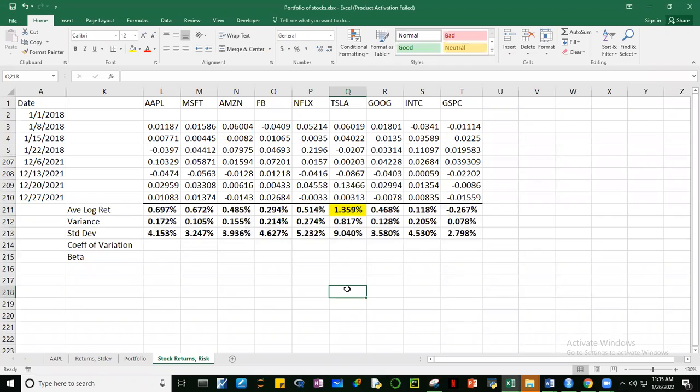Yan na yung 3 decimal places. All right. So in terms of variance or in terms of standard deviation, which stock was the best performer? Sino yung pinaka nag-perform?